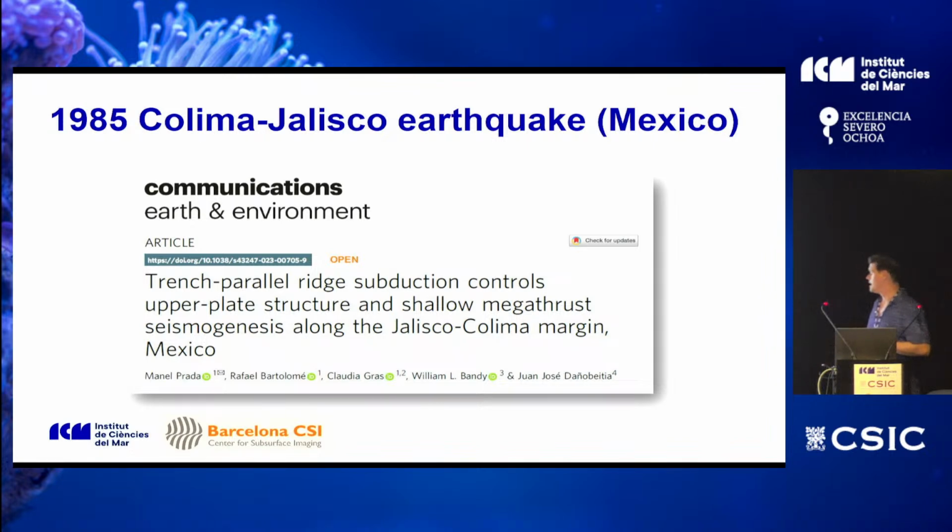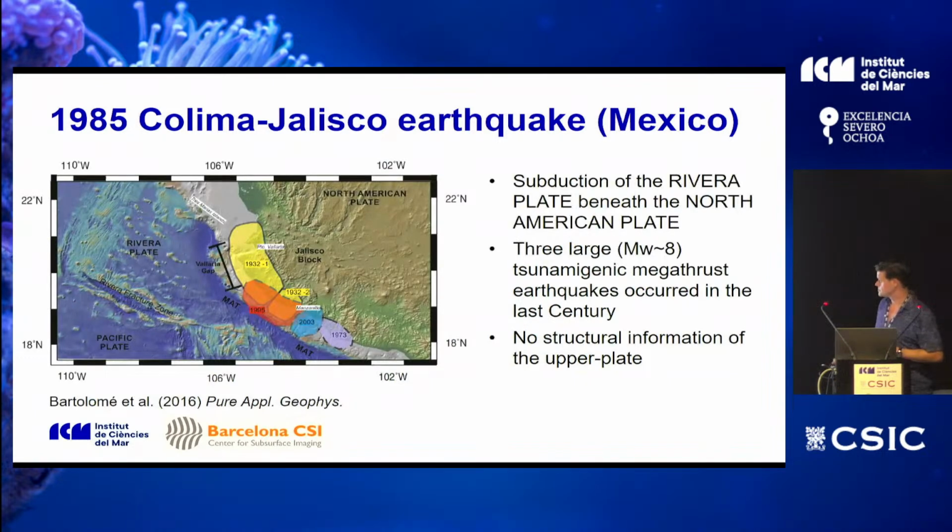This event occurred in this portion of the margin, where the Rivera oceanic plate is subducting beneath the North American plate. The margin is characterized by the occurrence of three large megathrust earthquakes of magnitude 8. The problem here is that the structure of the margin is quite unknown because of the lack of geophysical information.